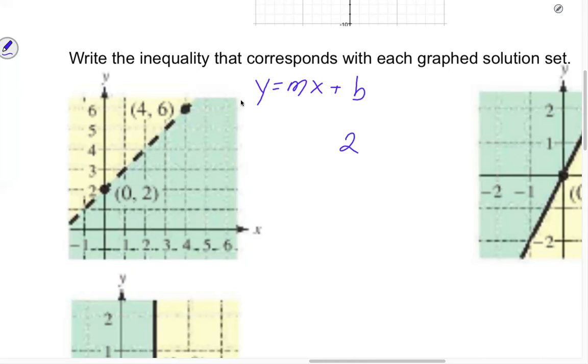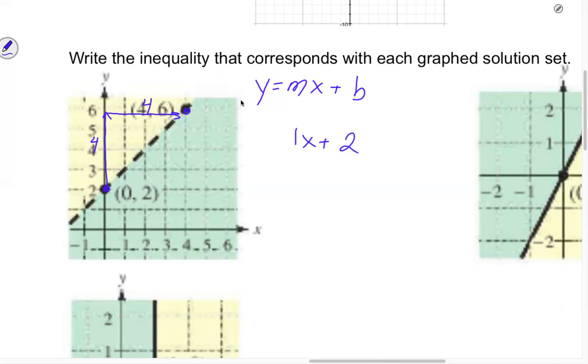Now what's my slope, Justin? How do I go from here to here? Is it 1? 1, 2, 3, 4. 1, 2, 3, 4. It is 1. So I have 1x plus 2, right?